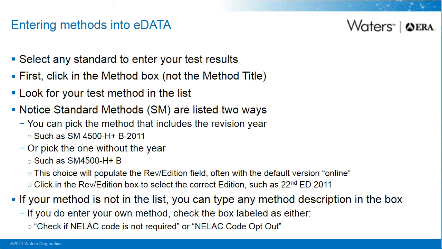If your method is not on the list, you can enter anything you wish in that box. One note, if you enter your own method, be sure to check the little box labeled either check if NELAC code is not required or NELAC code opt out. And that depends on the layout of the screen for a particular standard.